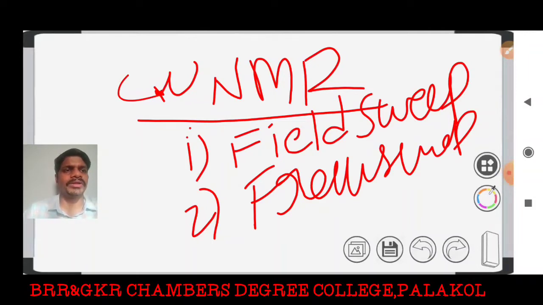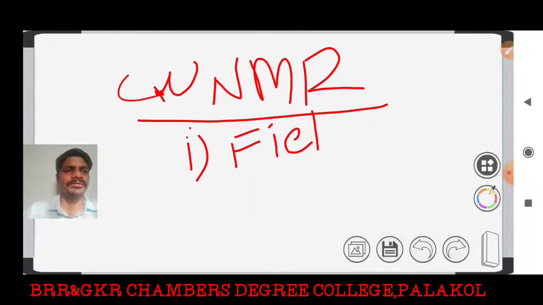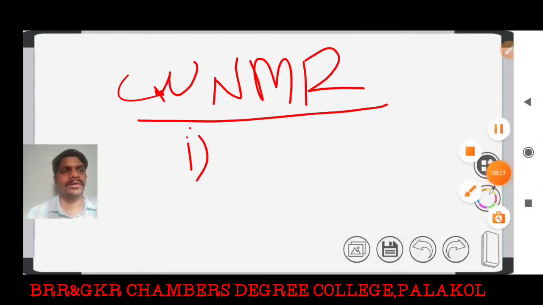In the field sweep method, the external magnetic field will be changed and the frequency will be fixed. In the frequency sweep method, the frequency will be changed and the external magnetic field will be fixed. In the field sweep method, the field will be changed and the frequency of the instrument, that means the radio frequency source, will be fixed.